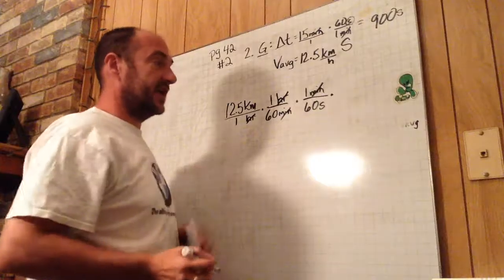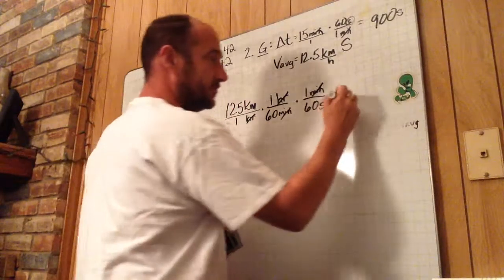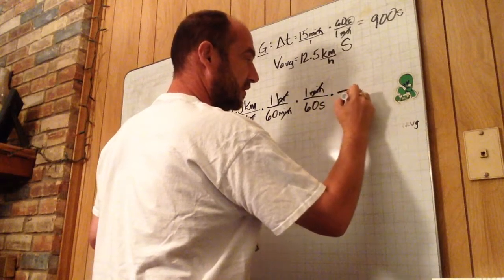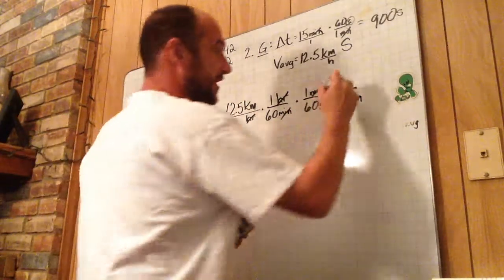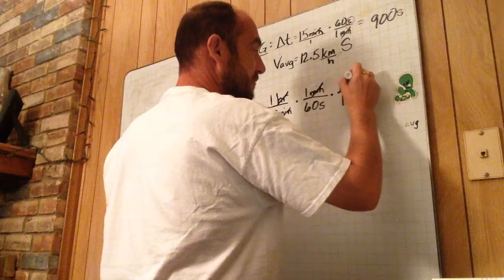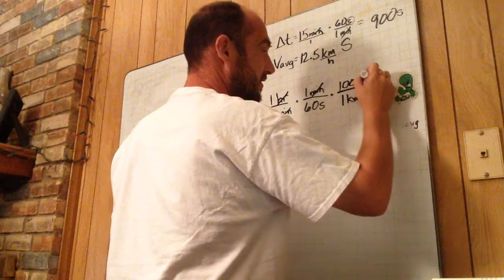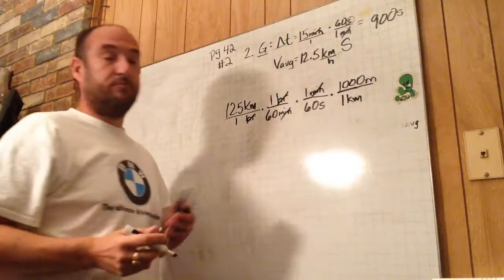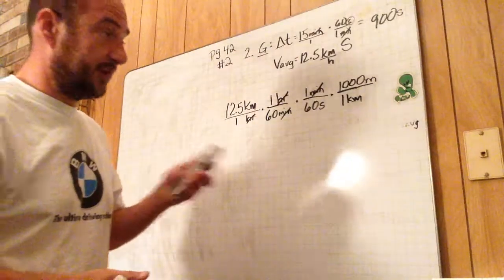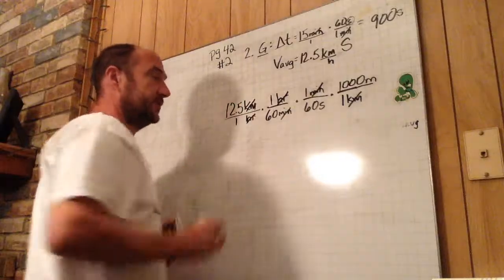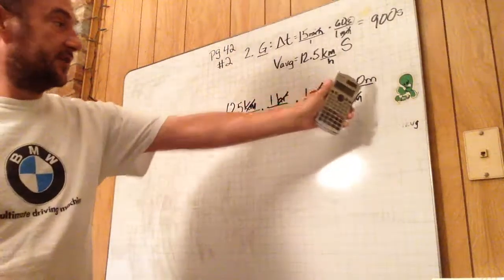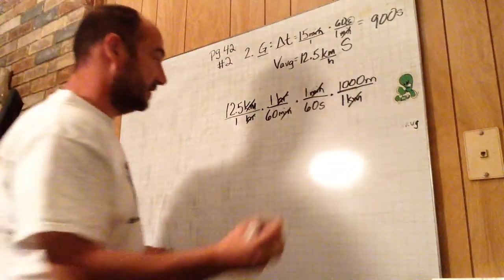Okay, 1 km is on the top, so we need to put it on the bottom, 1 km. What is 1 km? It's 1,000 meters, right? Kilo is times 10 to the 3. Extend our fraction, and now it's meters. That's where we need to get to, meters per second. So km cancels on both, and the only thing we're left with is meter over a second.